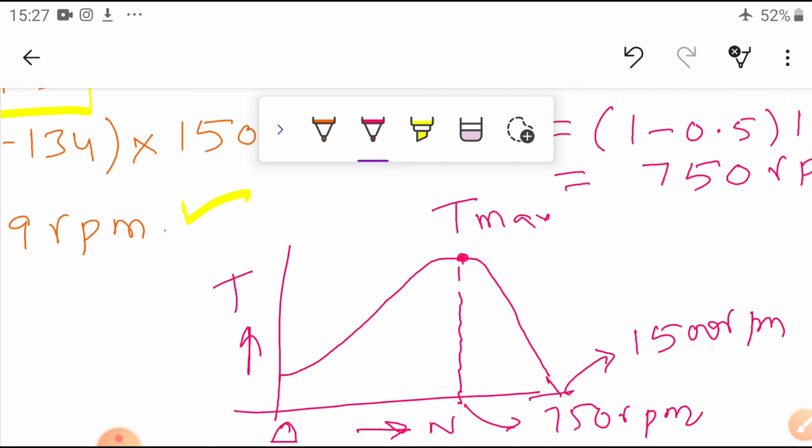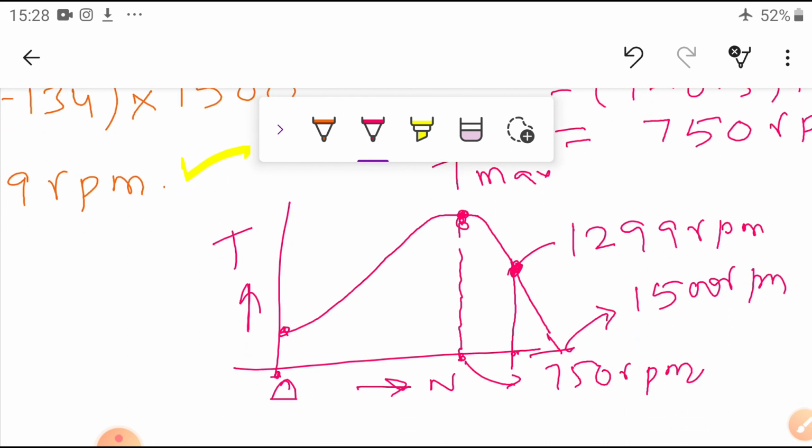Under full load condition, the motor is running at nearly 1299 rpm. This is the full load torque, this is the maximum torque, and this is the starting torque. The starting torque speed is 0, at maximum torque the speed is 750, and at full load torque the motor is running at 1299 rpm here. Okay, that is what is asked.